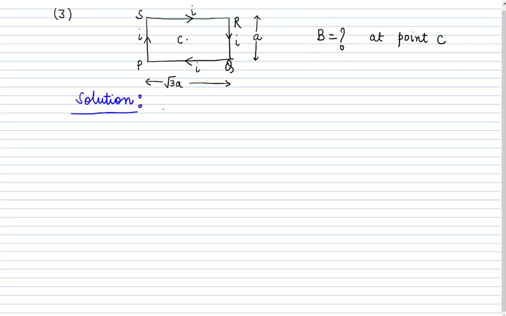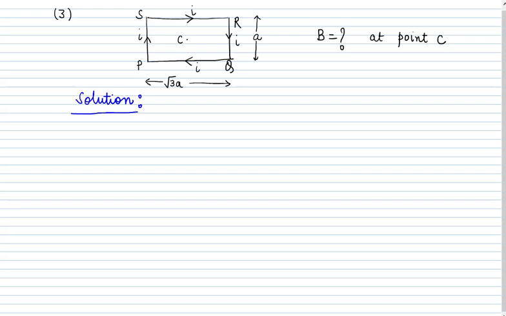So if you look at the diagram, you can see that the magnetic field at point C due to all the wires will be directed into the plane of the paper, because if you fold your right hand fingers in the direction of flow of the current, that is in the clockwise direction, then your thumb will point downward.